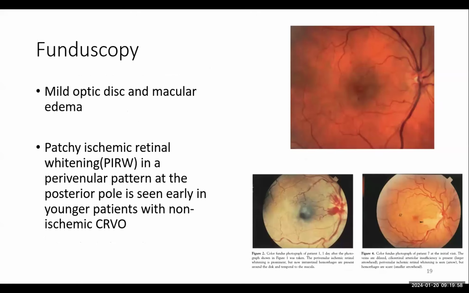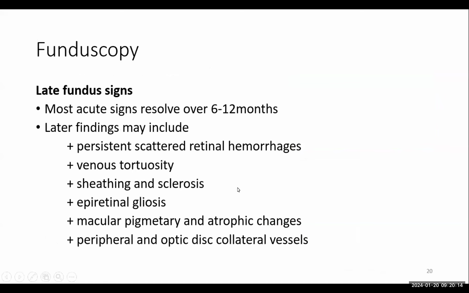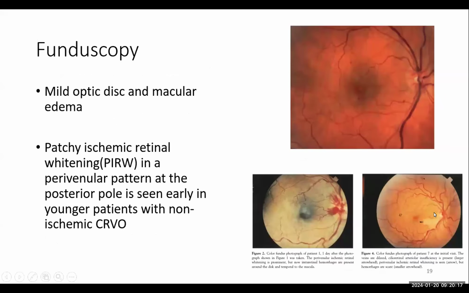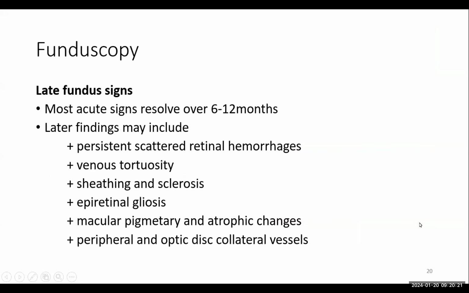What is more common, especially in the younger age group, is patchy ischemic retinal whitening, usually seen as perivenular whitening. This is what is shown by the arrow here.